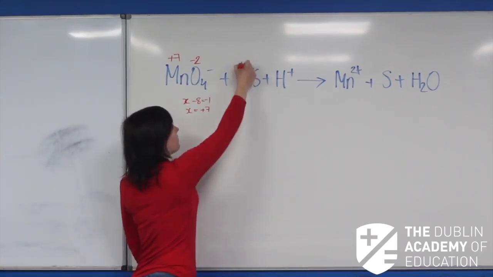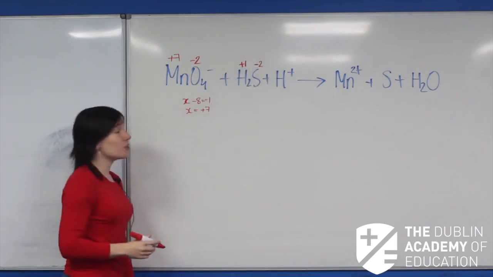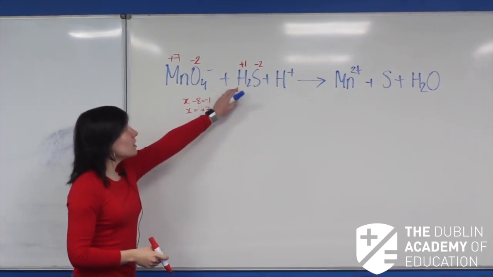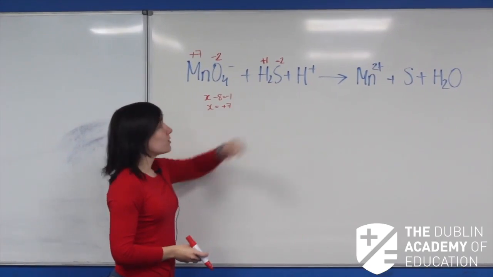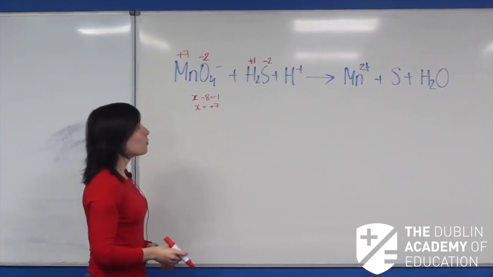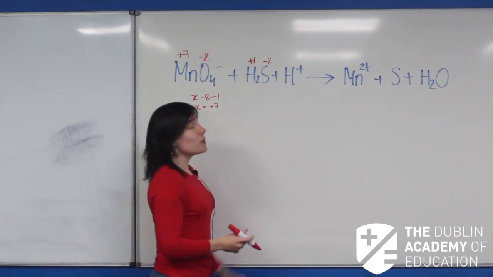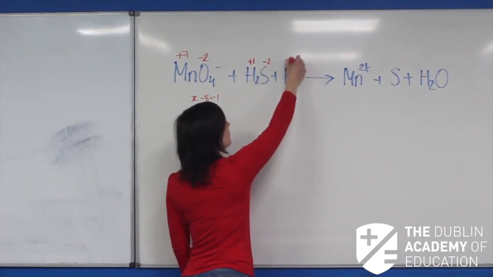Now, H2S. Hydrogen is +1, therefore the sulfur has to be -2. There's no charge on this. This is a neutral molecule, so the hydrogens are going to be +1 each, and the sulfur then has to be -2 so that they add up to 0. +1 times 2 minus 2 is 0. Now this H+ is a simple ion, meaning it's just one charged atom, so this is +1.